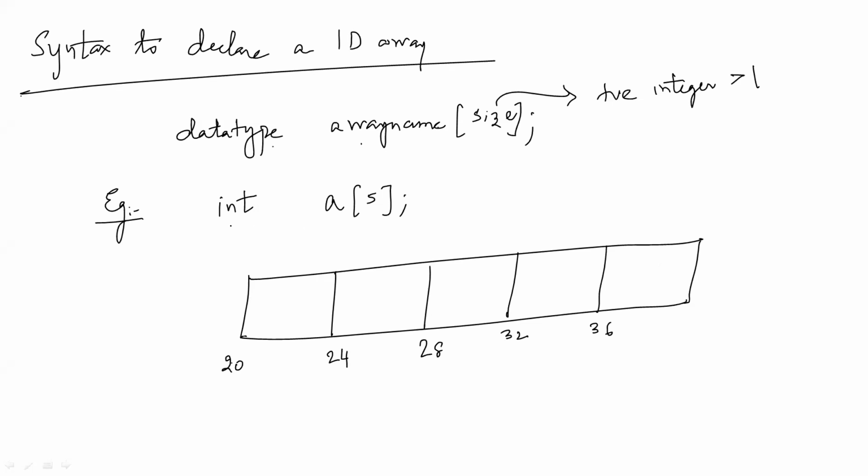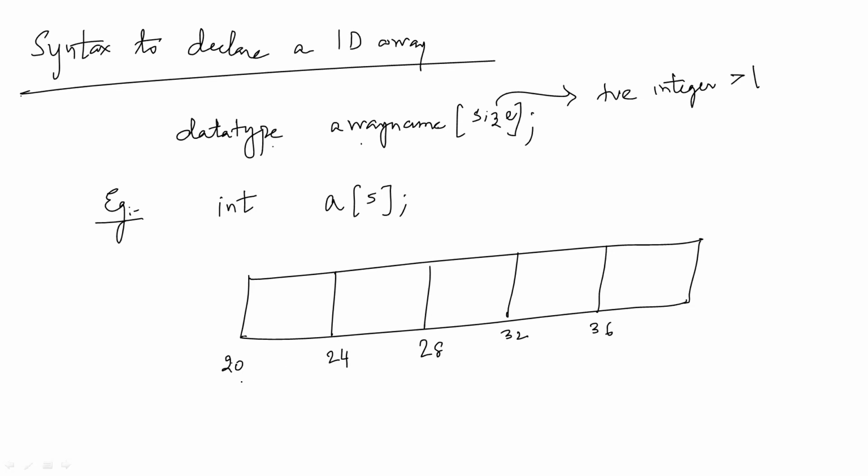We are assuming every integer occupies 4 bytes, because C language in a Windows environment says that an integer occupies 4 bytes of memory. So 5 into 4, 20 bytes of continuous memory, because the definition says: collection of similar simple data items stored in continuous memory locations.